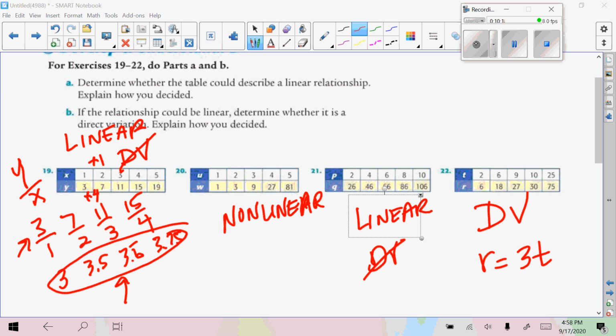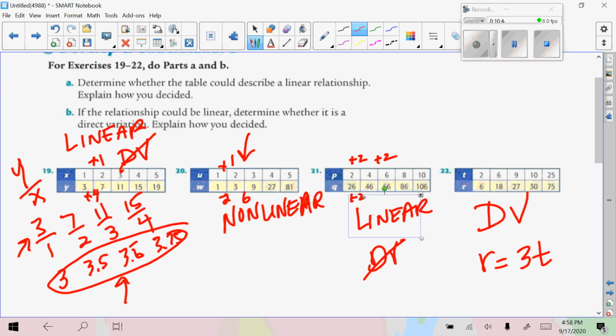All right, here's what I got. This one here is nonlinear. We can tell because even though U is going up by 1 every time, W is increasing by different numbers. It's +2 there, then +6, and so on, so that's nonlinear. Number 21 here is linear, and we can tell that because these are going up by 2 every time.